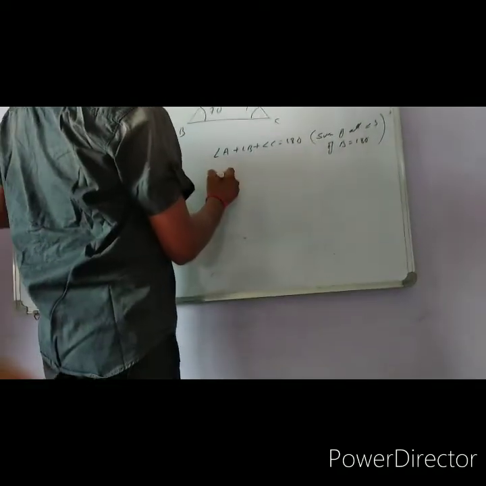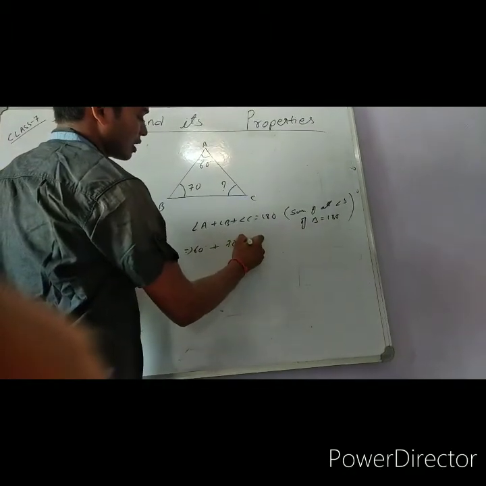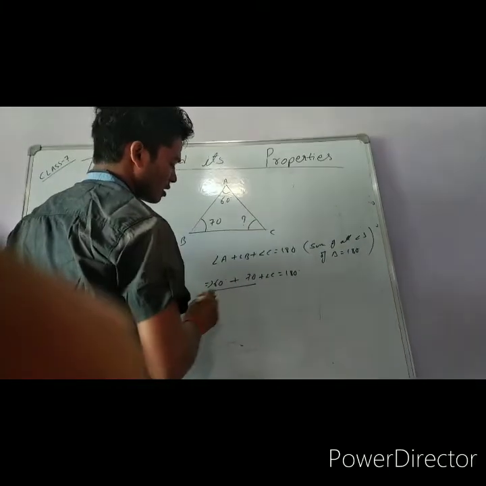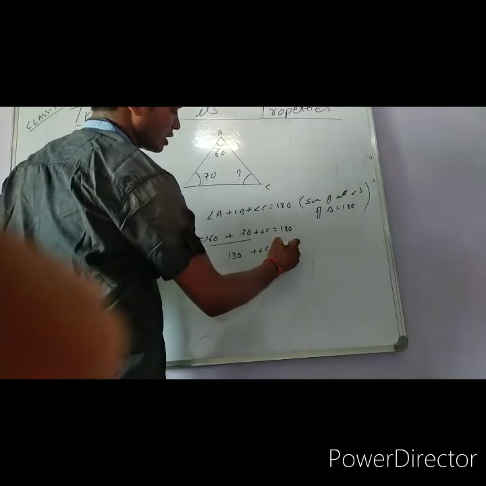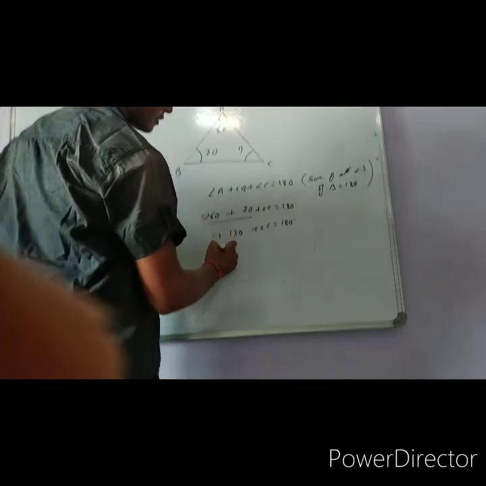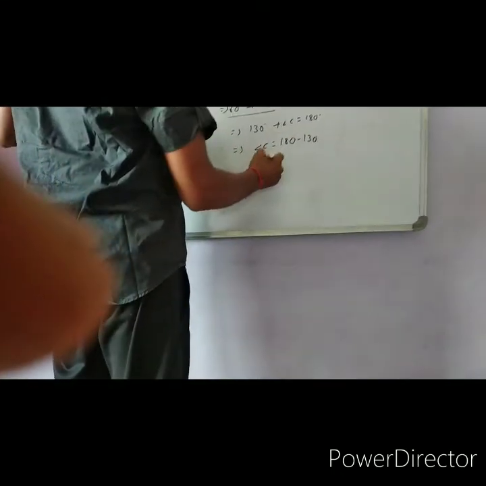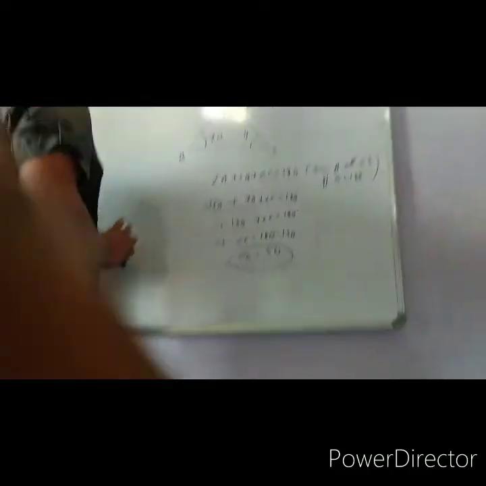So angle A is 60 degree, angle B 70 degree, and for angle C we have to find this: 70 plus 60 is 130 degree plus angle C equals 180 degree. Now angle C equals 180 minus 130 degree. So angle C equals 50 degree. This is the answer.